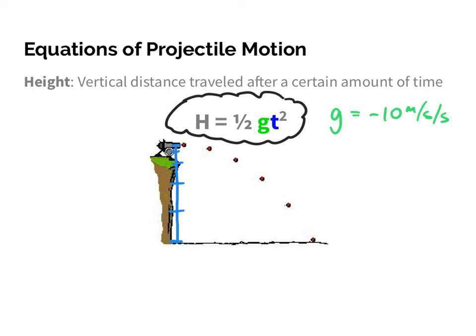Some of you might remember this is actually one of the kinematic equations we did a while back, that v_i t plus 1/2 a t squared, if you guys remember. So all this is a simplified version of that kinematic equation, but we're just using it in terms of the height and time, the variables we're using for projectile motion.